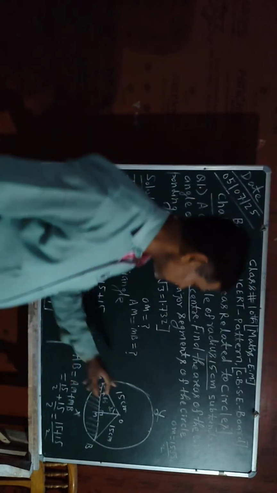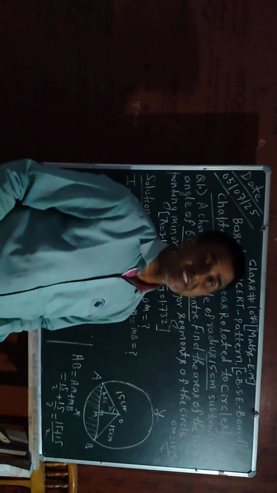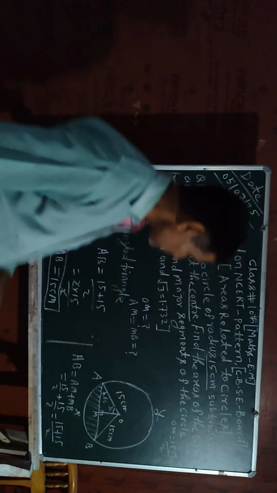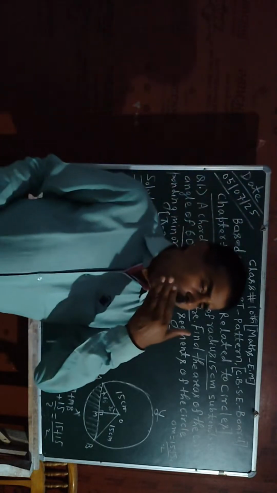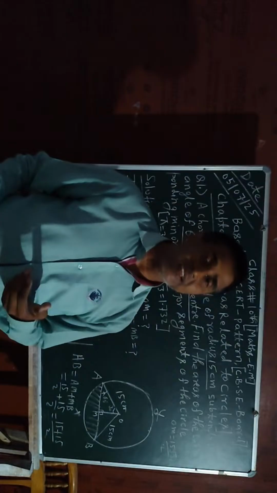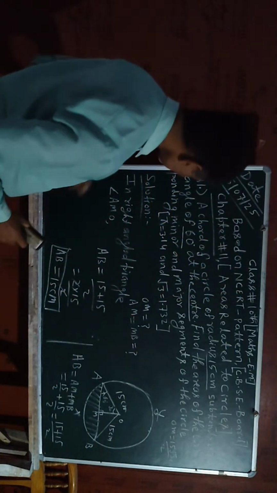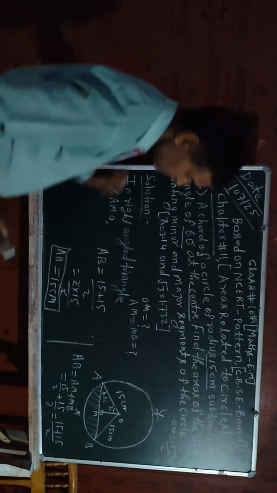So this is also 15, this is also 15, this is also 15. So I will say this is an equilateral triangle. I know how to calculate the area of the equilateral triangle, so I can calculate it. Now further I am going to write another piece of information for getting the area of the triangle.